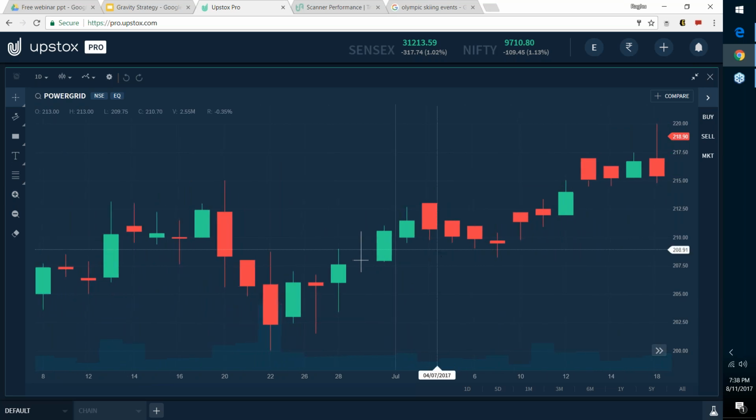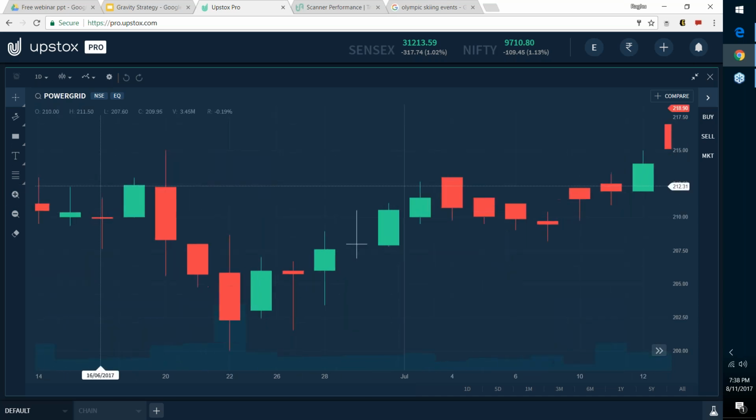If you understood the concepts of gravity, you should be able to see the trade. So let's go through this. So 1, 2, 3, 4, 5, 6, 7, 8, 9, 10. All right? This is very interesting, actually. So on 4th of July, you can see that the high minus open is 0. Okay, let me zoom in a little bit more. Okay?